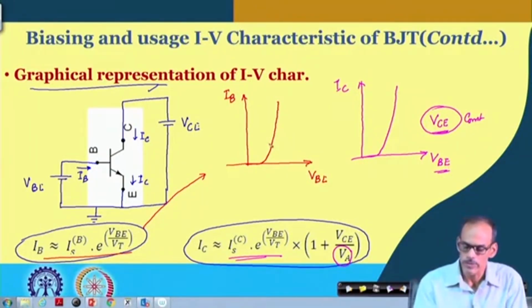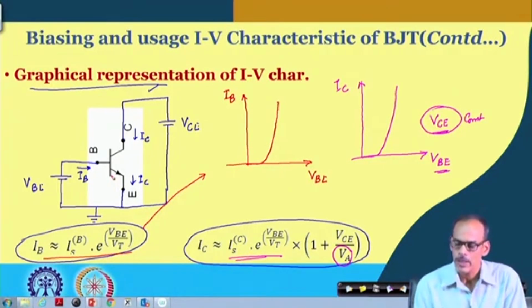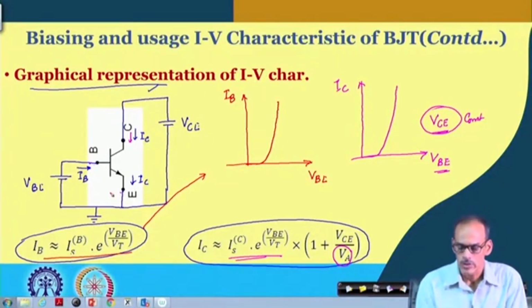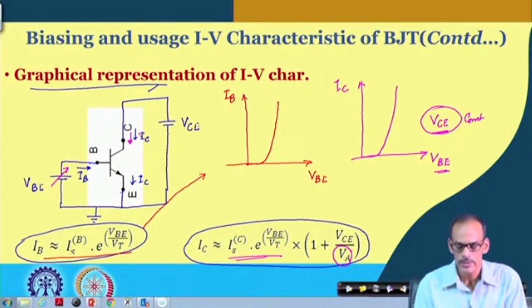So, this part of course looks like a forward bias diode, but on the other hand if you see this characteristic, it is kind of different in nature, because we are observing the current at the collector terminal while we are changing the voltage from base to emitter. So, in other words you can say that it is like a trans characteristic. We are changing the voltage from base to emitter while we are observing the corresponding effect at the other terminal.